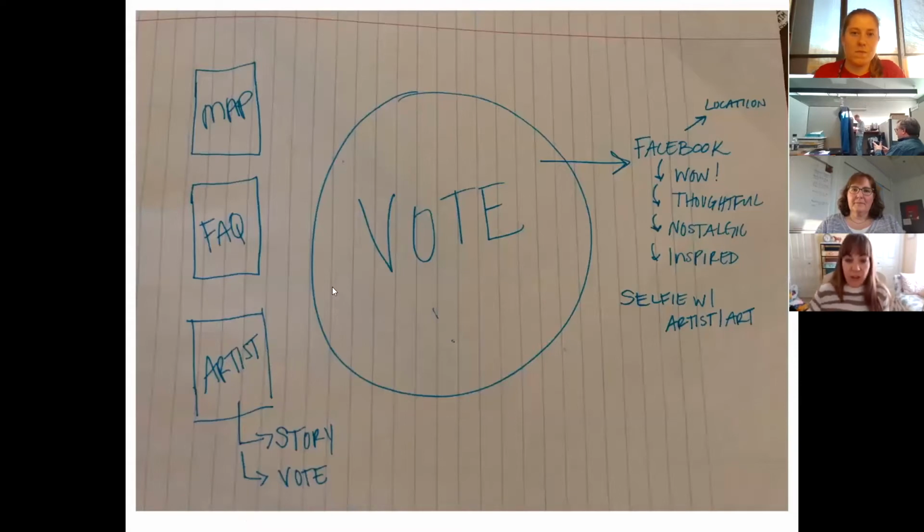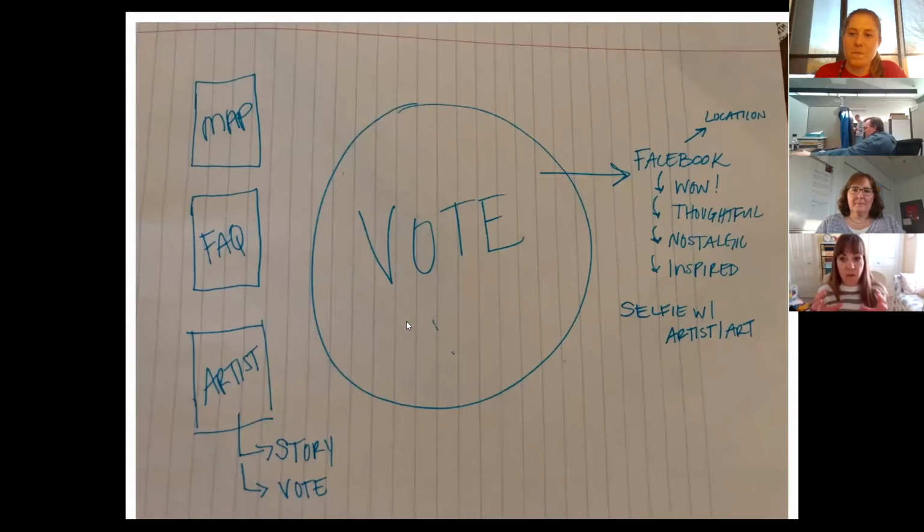So we've devised the design on the homepage that you have a big vote button right away, since that is the aspect we want the visitors to key in on. But on the side there are tabs for maps, frequently asked questions, and artists. Again, to keep the visitors educated and keep what their needs practical as well.